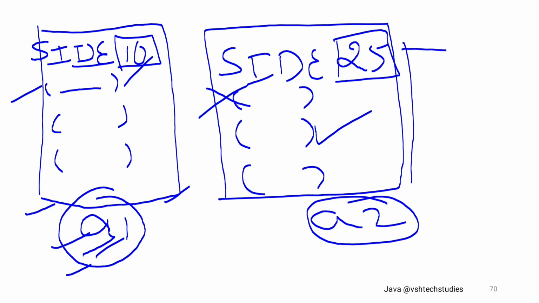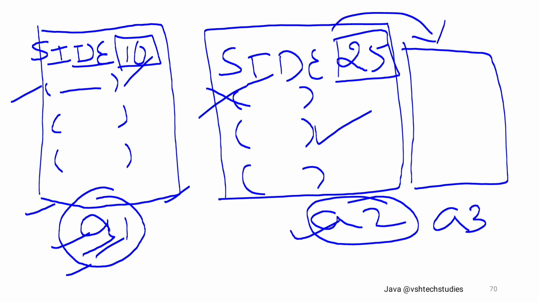When the A3 object is created, there we are passing an object. Which object? A2. So this object is passed here. The side field is there in the A3 object also. So there are three constructors. Now the default constructor is not executed.